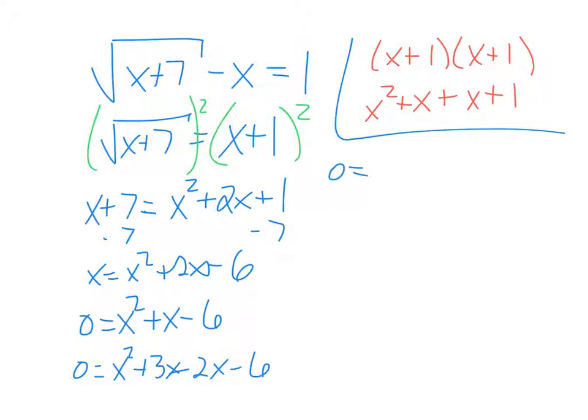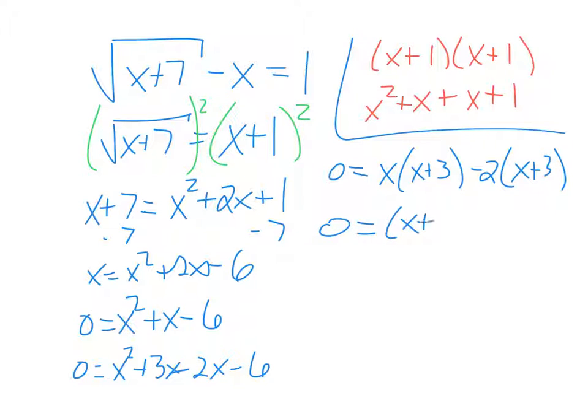What do you take out of the first two? X, plus 3. When you take out -2, you'll be at plus 3. So x equals -3 and positive 2.